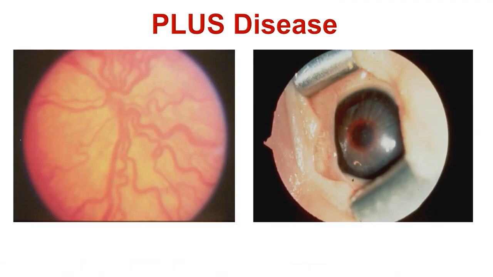First of all, engorgement and tortuosity of retinal blood vessels, or the presence of vitreous haze, or engorgement and tortuosity of blood vessels at the pupillary border, or difficult pupillary dilatation. All these signs mean that the patient has plus disease and has a tendency to progress very rapidly.